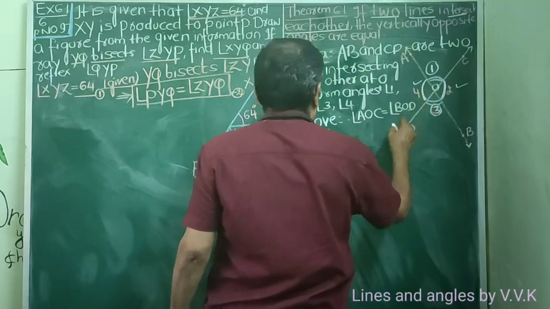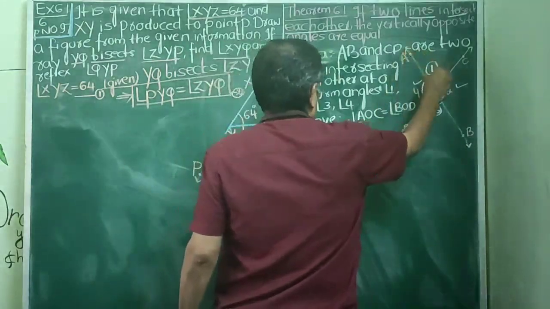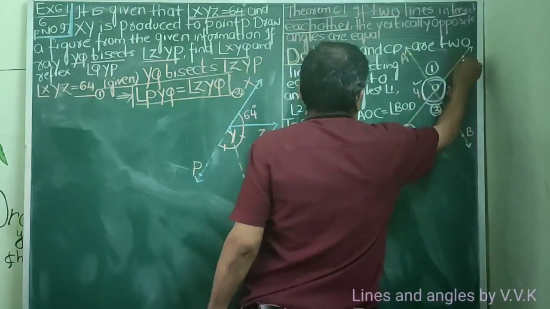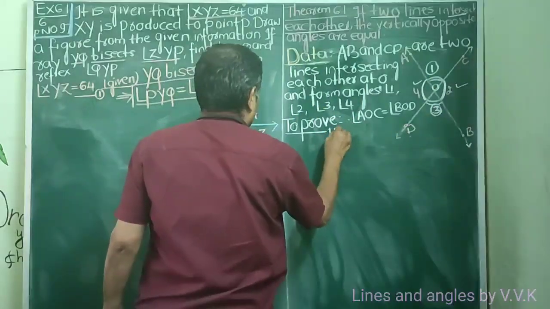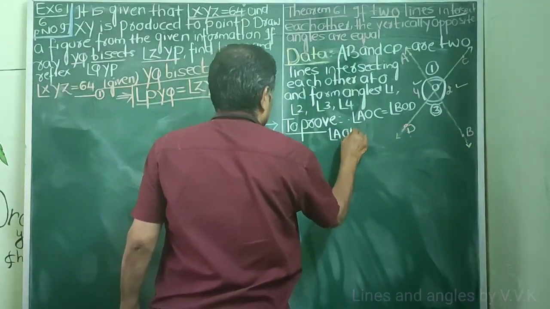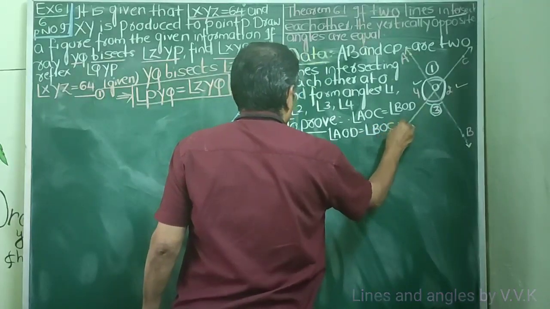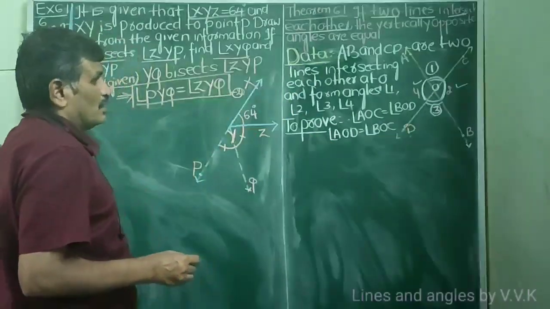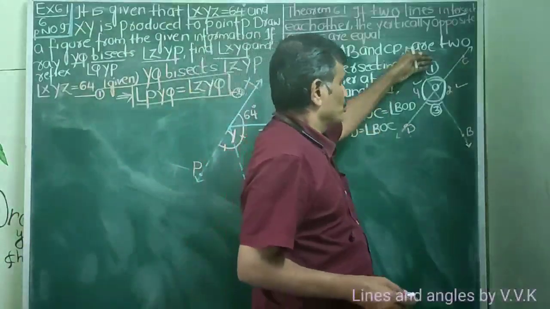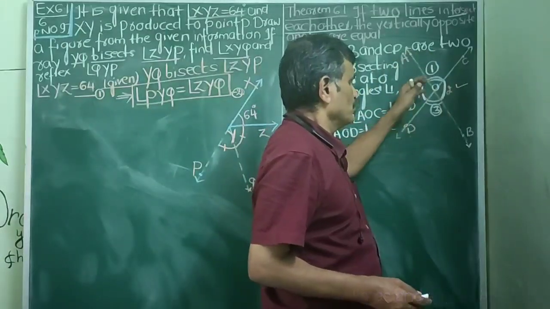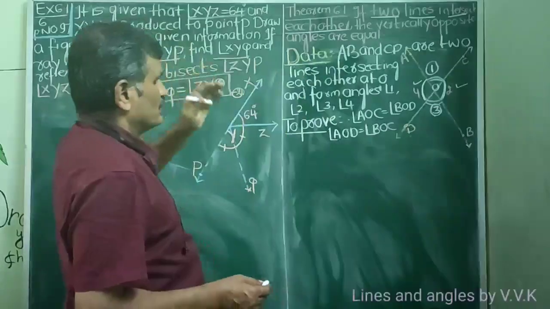And second thing is angle AOD is equal to angle BOC. Or I can even say I have to prove angle 1 equal to angle 3 and angle 2 equal to angle 4. Now let us see how we can prove it.